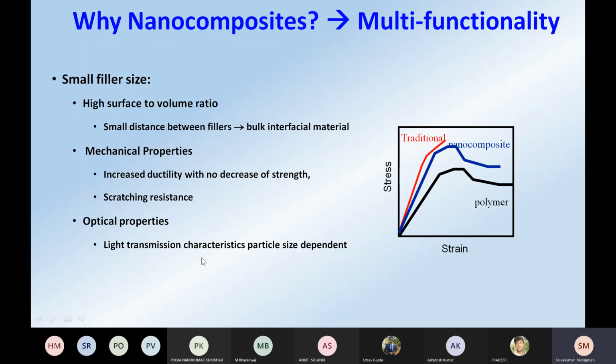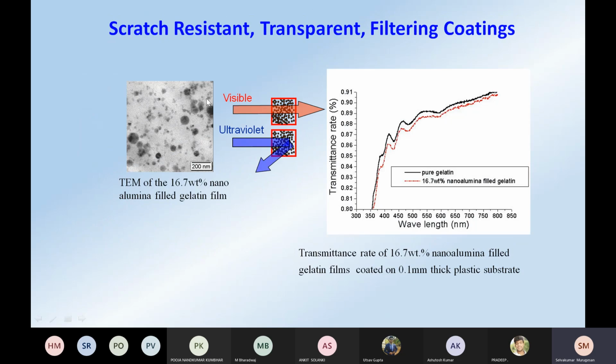You can see here how well the filler is dispersed, using transmission electron microscopy. They used a gelatin-based matrix, a polymer matrix, a biopolymer, and you can see how nicely the filler is dispersed. Then they examined the optical properties by passing UV and visible rays, and they saw that the transmittance rate is almost the same, reaching almost 91%.